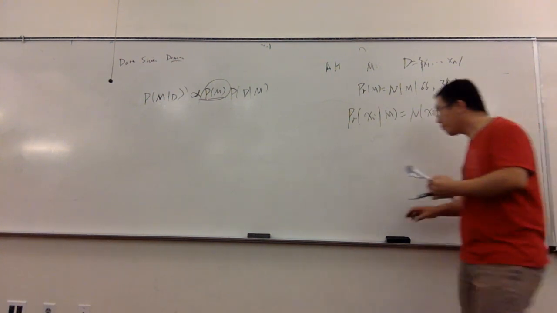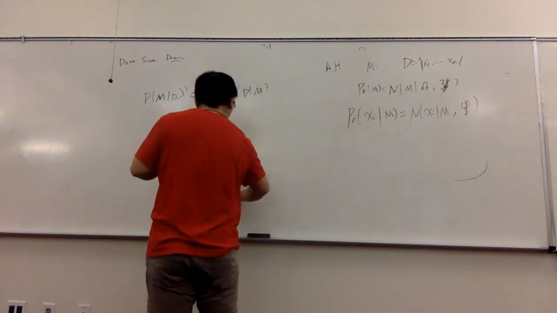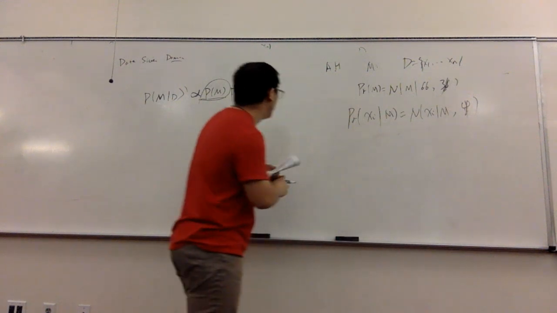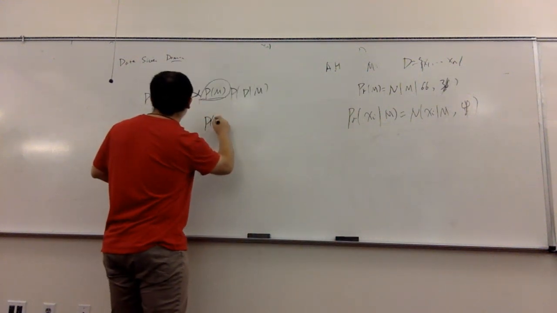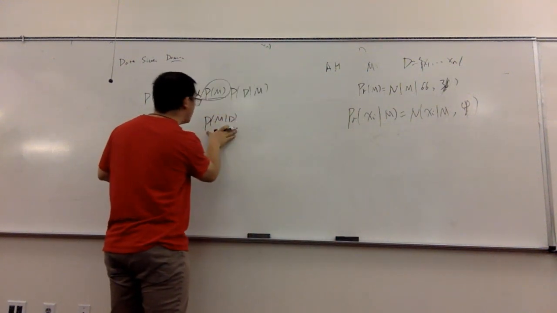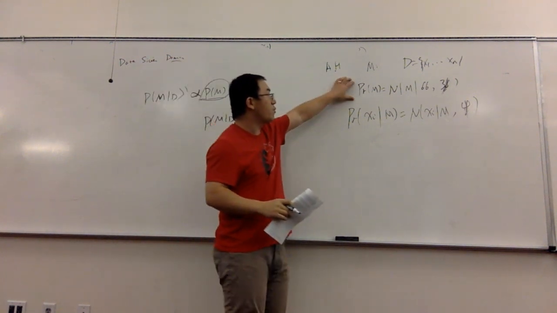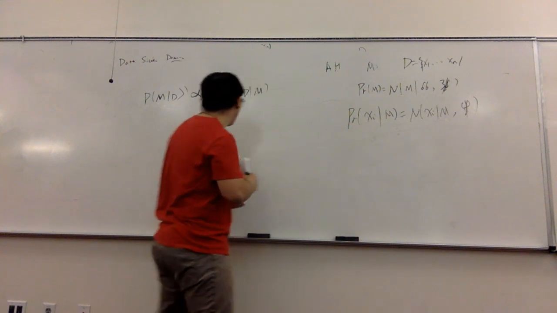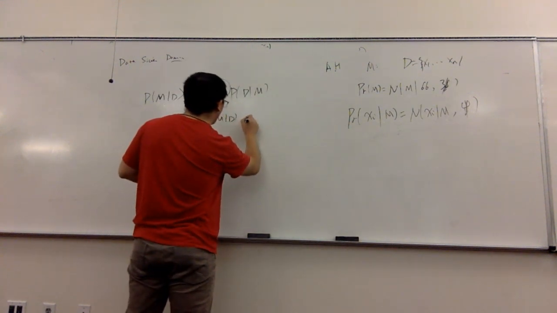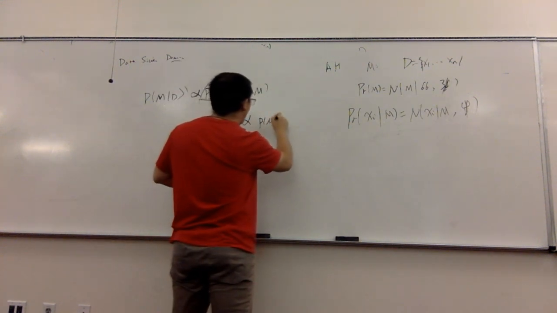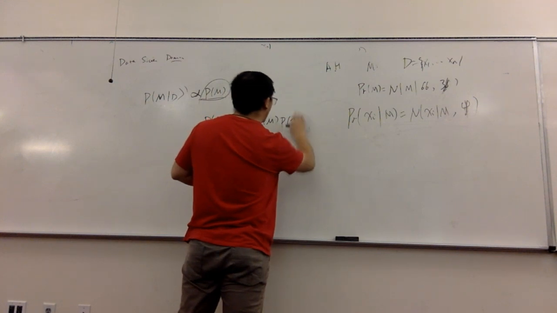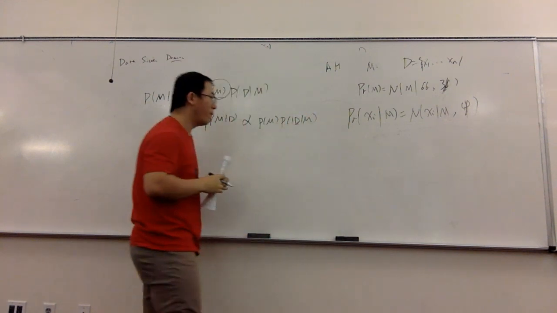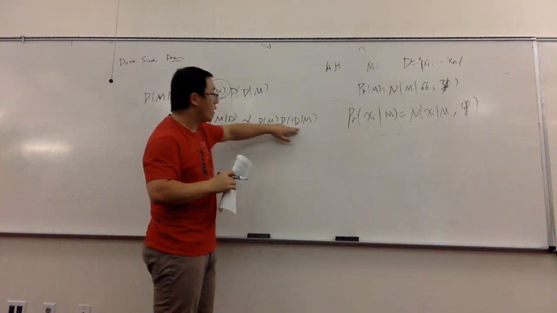So now we want to look at, when we compute the posterior probability, how does this part take effect? We know that the posterior probability will be proportional to the prior P(m) multiplied by the data likelihood.